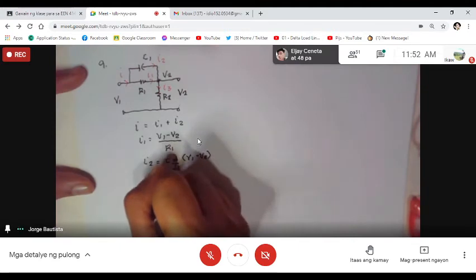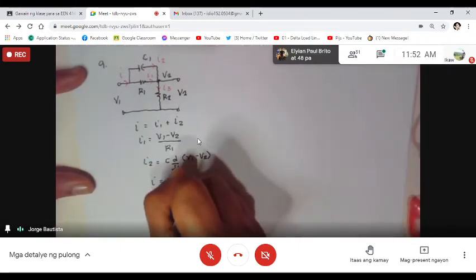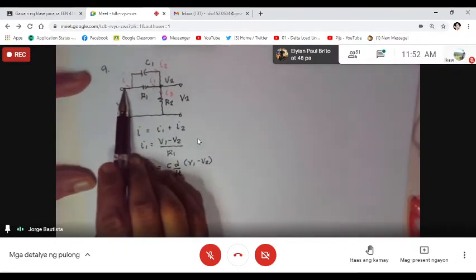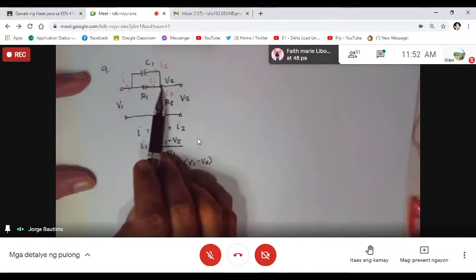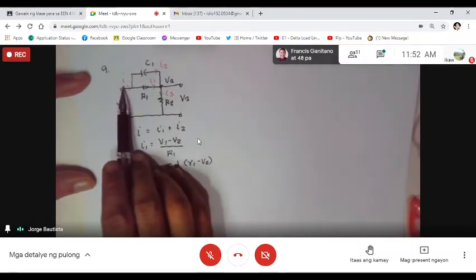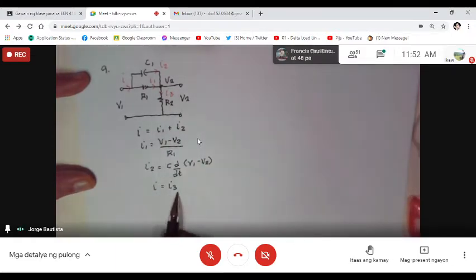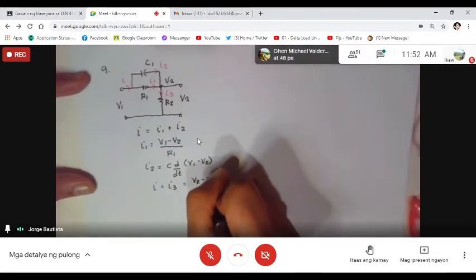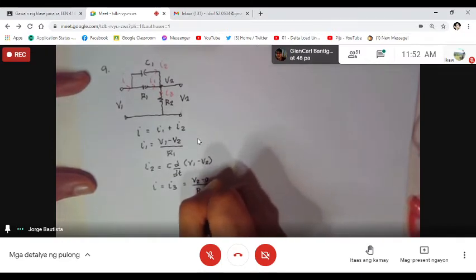And yung I, which is also equivalent to I3, tama ba? Kung 2 ampere ito, lalabas dito 2 ampere din. Maghihiwalay lang sila, tapos magsasama sila sa node na yan. Kung 2 ampere yan, 2 ampere din ito. Okay? So, I is equal to I3. Which is equivalent to V2 minus 0, nodal analysis, divided by R2.